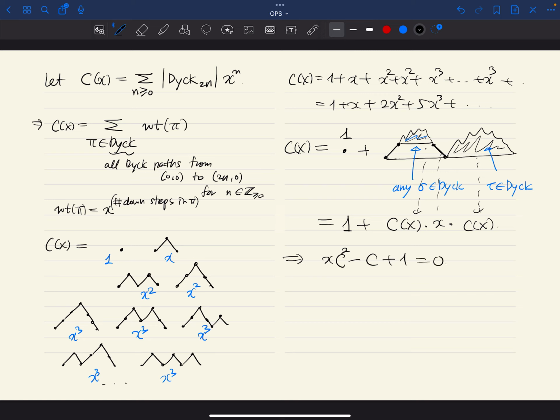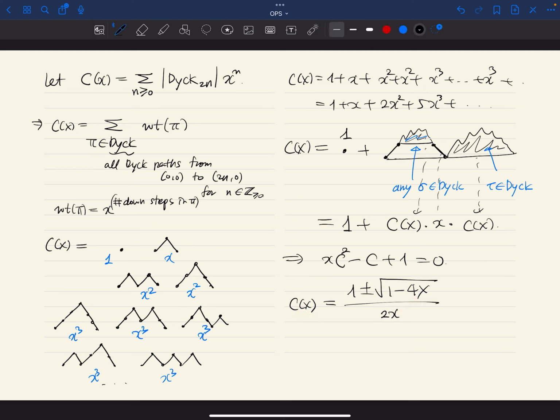Now we can solve this equation for c, because it's just a quadratic equation. So c is 1 plus or minus the square root of 1 minus 4x, over 2x, right? So the generating function must be this. But we have to select the correct sign. Is this plus or minus? This sign can be determined if you compare the constant term on both sides.